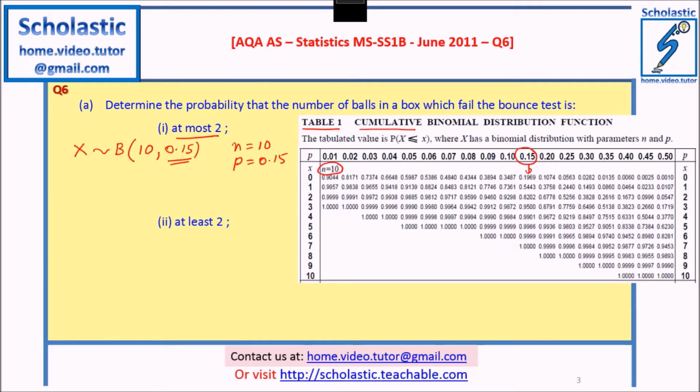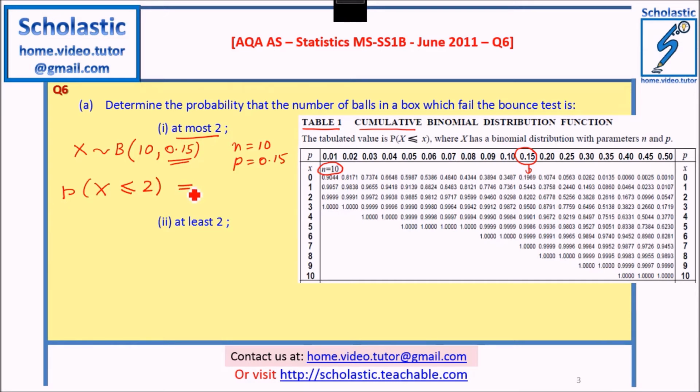So the first part is at most 2. That means probability of X less than or equal to 2. That means maximum 2 failures. It can be 0 failures, 1 failure, or 2 failures. The probability of failure is 0.15.